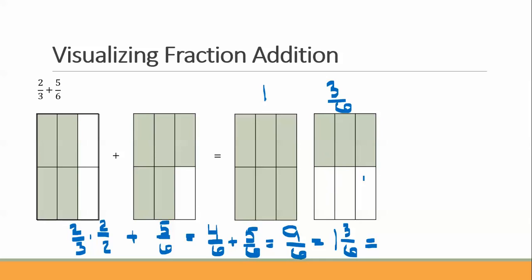This rectangle has half of it shaded, so 3/6 is also 1/2, and the answer is 1 and 1/2. For 9/6, if you remember when we were doing equivalent fractions, this would divide by 3, and this one would also divide by 3, and we're left with 3/2.